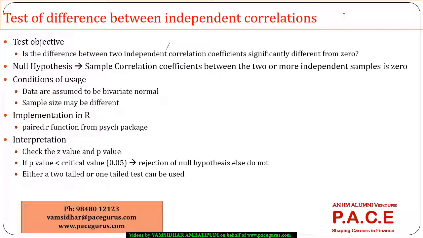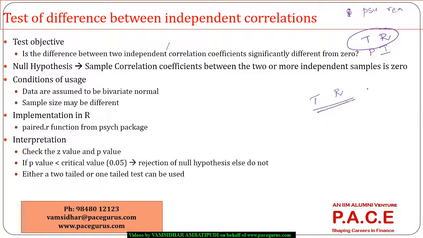Let's say the correlation between the PSU sector and the reality sector, or probably telecom and reality, and let's say PSU and IT. So I'm looking at two independent correlations being significantly different. Or a better way of talking about it is between telecom and reality itself.